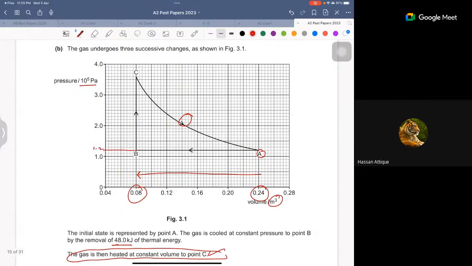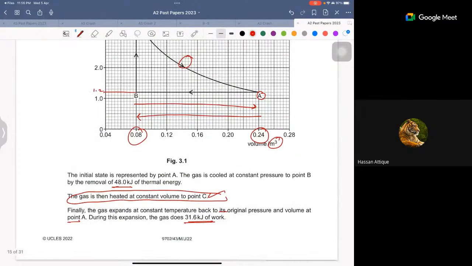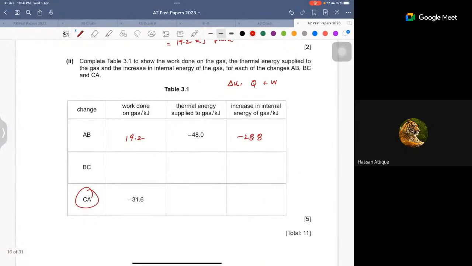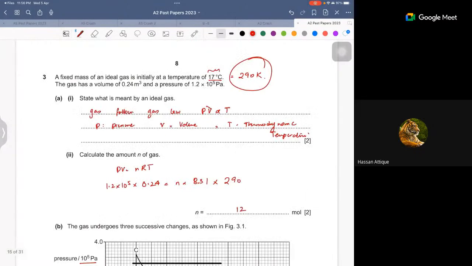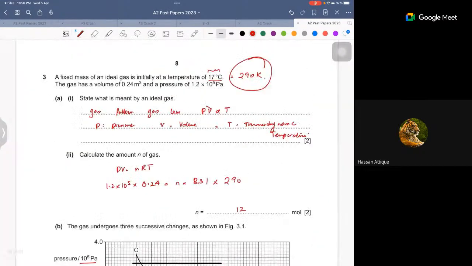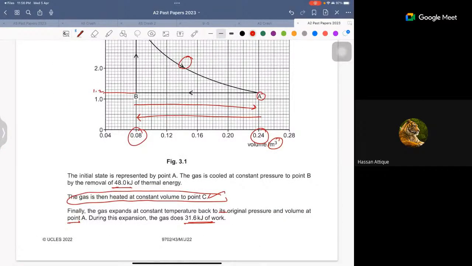Whenever gas expands, the system is doing work, so it has to be negative, I think. There has to be something else here. What are we missing?